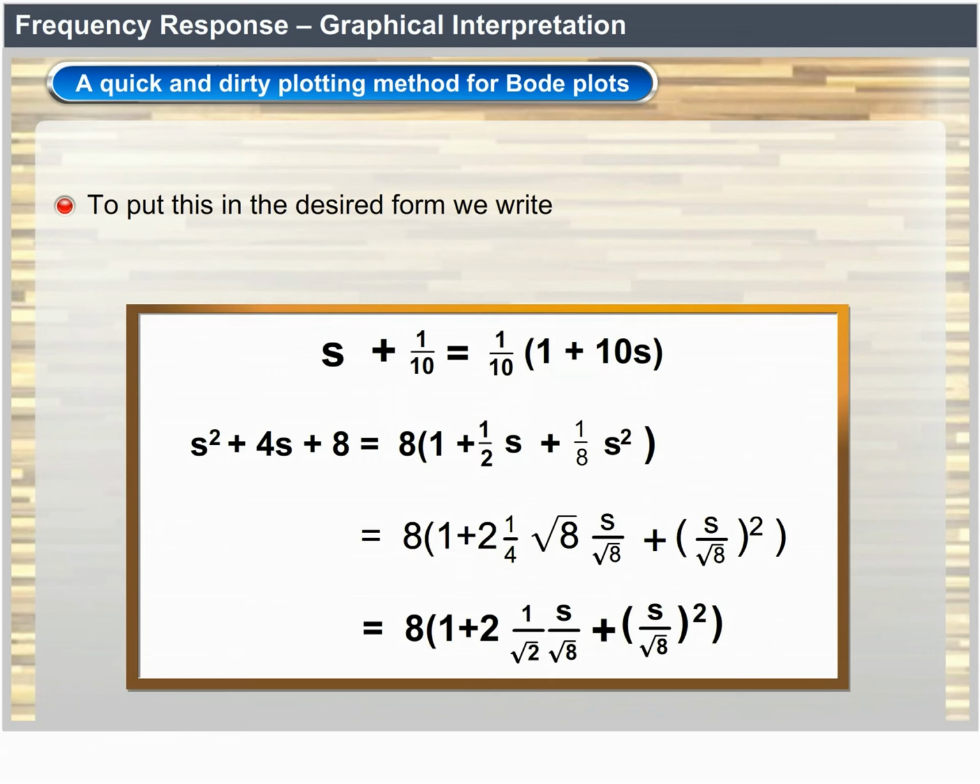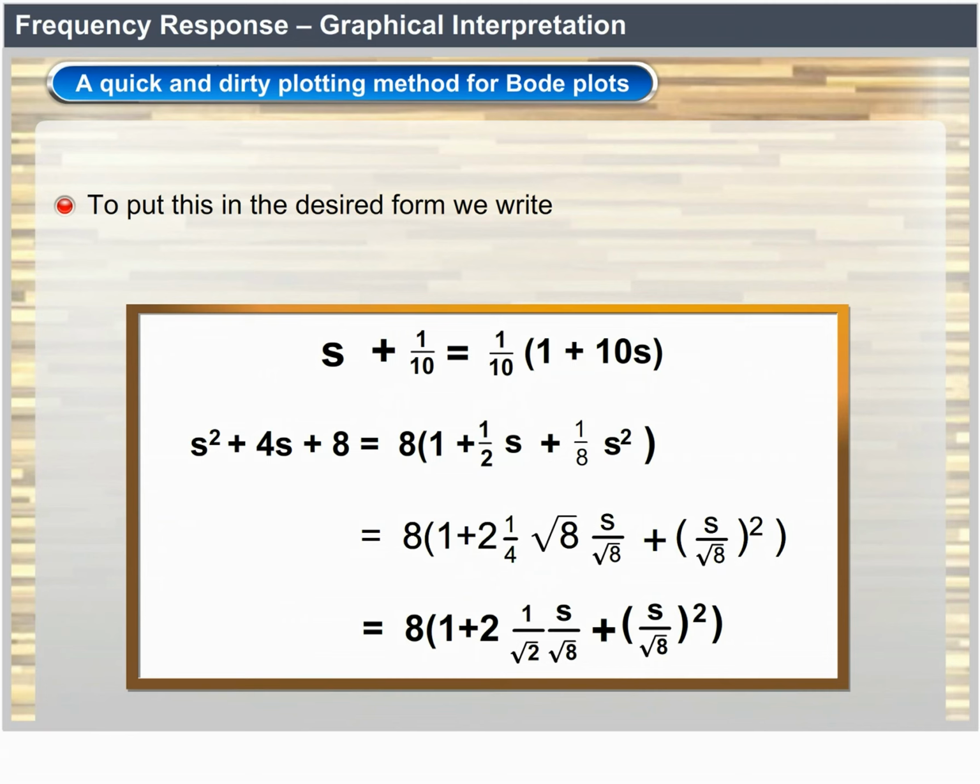Now the denominator is expanded as s² + 4s + 8 = 8 × (1 + (1/2)s + (1/8)s²). The term s is multiplied and divided by 2√8. Hence we get 8 × (1 + 2 × (1/4) s/√8 + (s/√8)²).